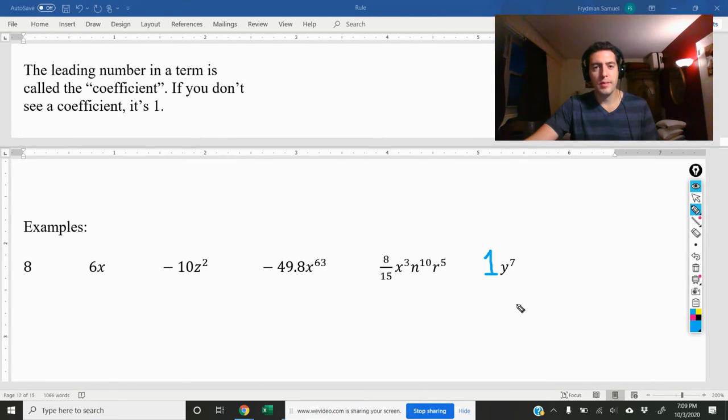So just remember y to the 7th is the exact same thing as 1y to the 7th. Or x is the same thing as 1x. I didn't say it's the same thing as 1. But if I have an x and there's no coefficient in front of it, it's the same thing as 1x. All right? So moving right along.